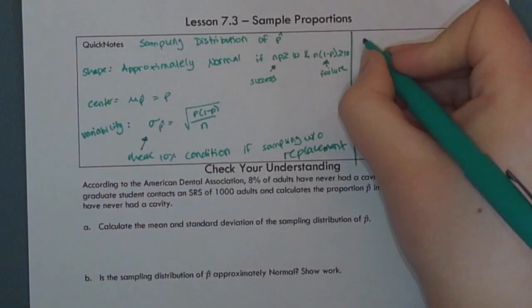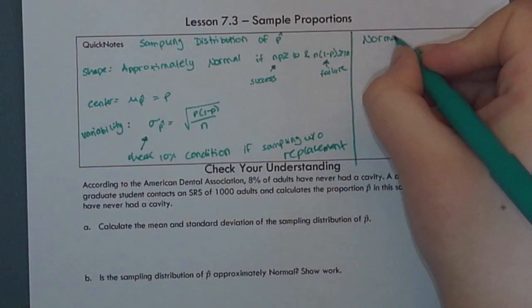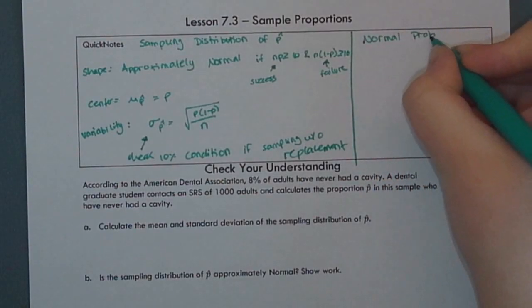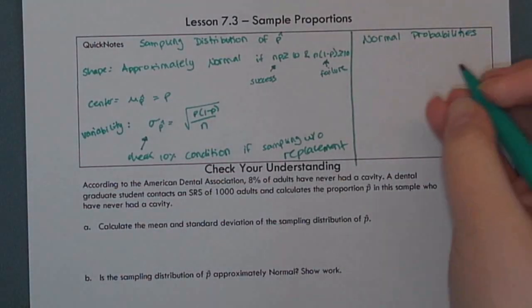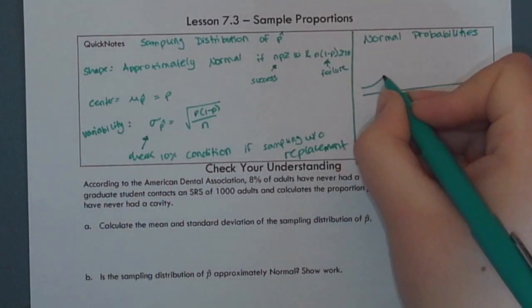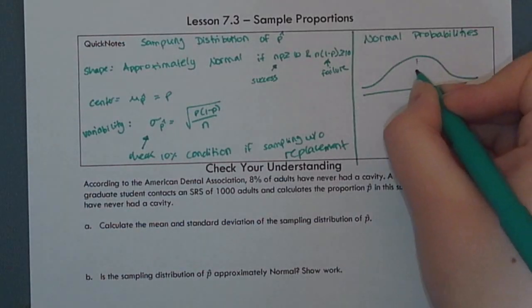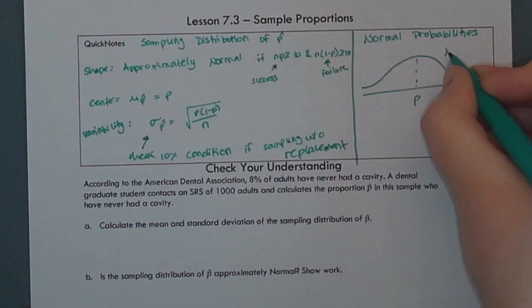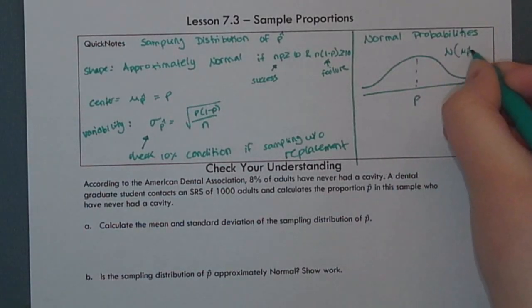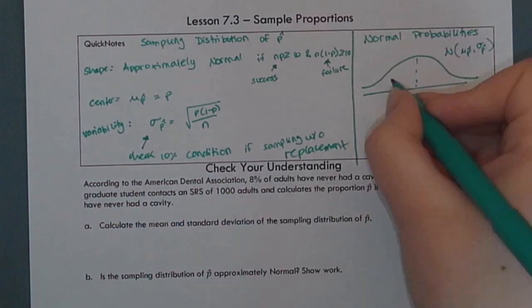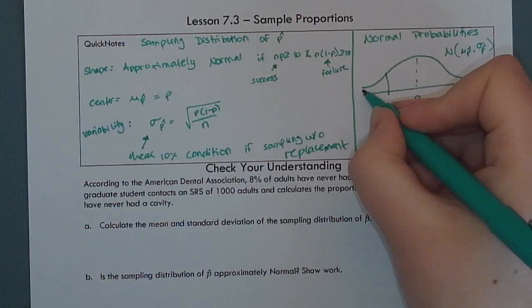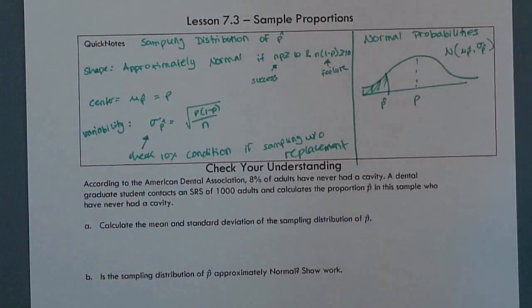Okay. Over on the other side, we have our normal probabilities. We have our normal distribution with mu of p hat, comma, standard deviation of p hat, and our value over here, that's p hat.